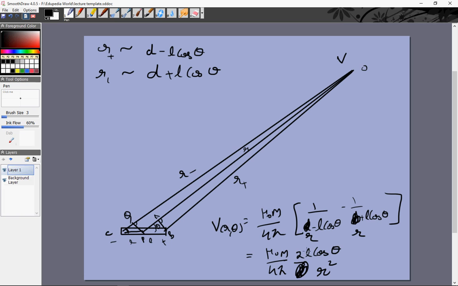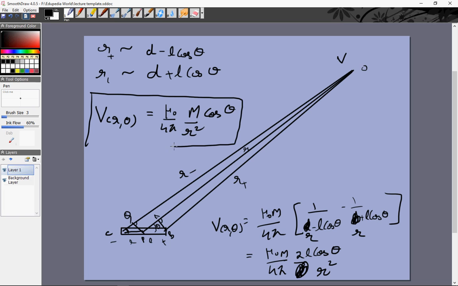Right, and 2mL can be written as capital M, so we get the final standard answer. V at (r, theta) is equal to mu naught by 4 pi, capital M by r squared, cos theta. This tells us the magnetic scalar potential at any point which has coordinates r and theta.